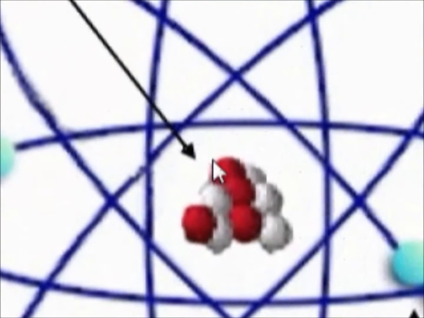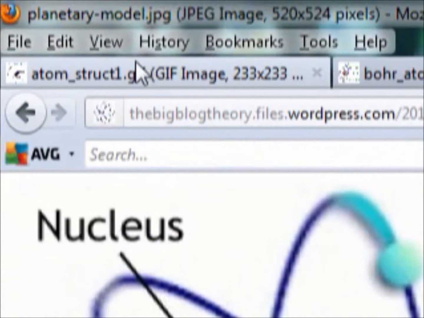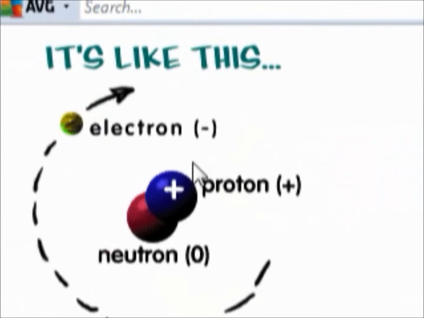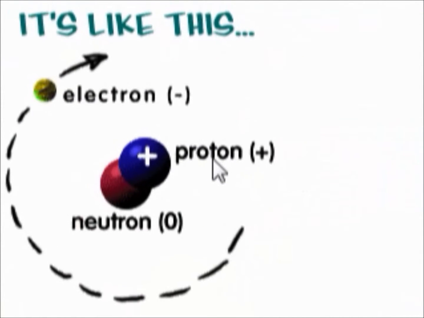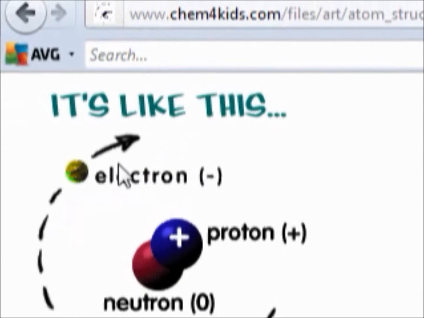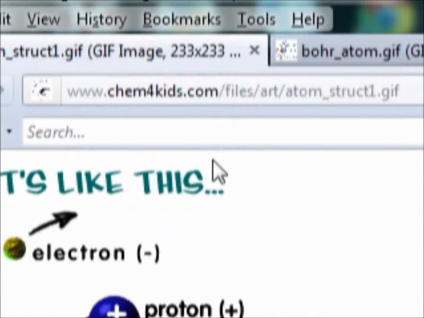It doesn't have that in this model, but that's where you can mostly find an electron. So like that, an electron circles around the nucleus. So see, proton positive charge, neutron 0, and electron is negative charge.